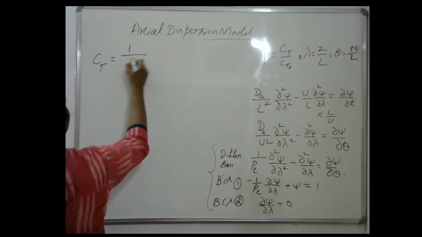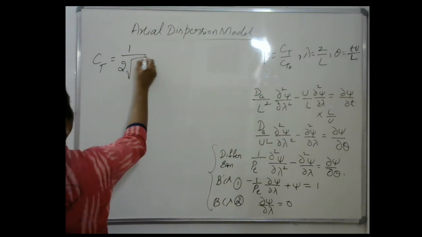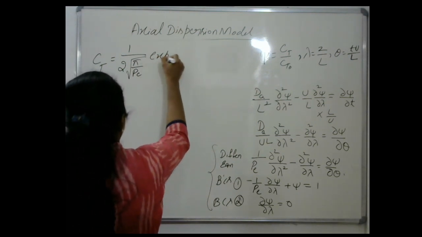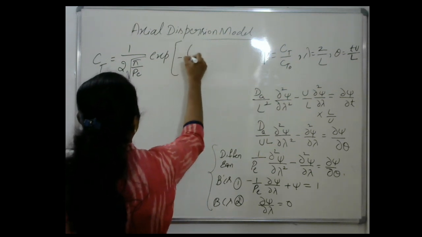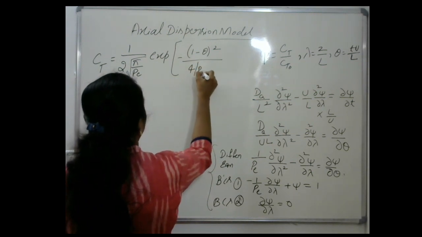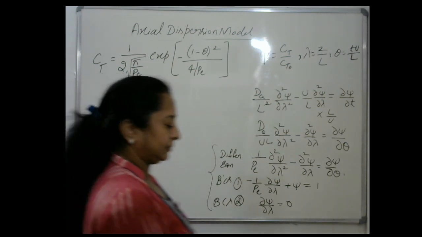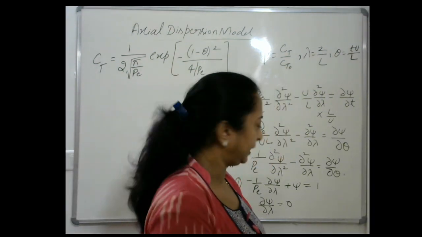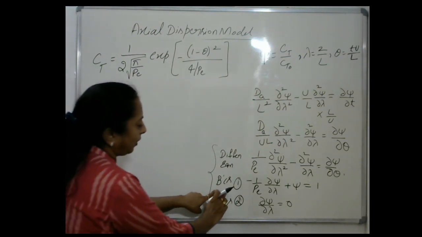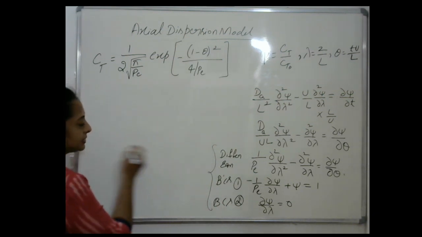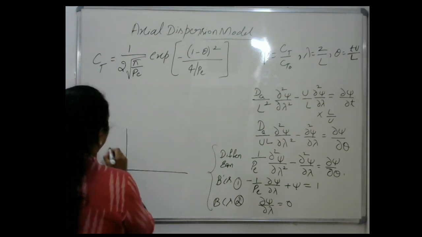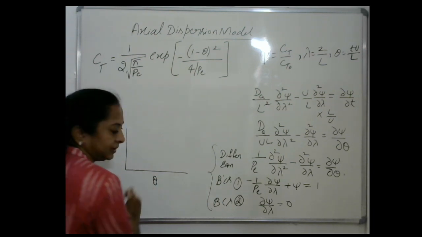C theta will be equal to 1 by 2 root of pi by Pe, exponential of minus (1 minus theta) square by 4 Pe. Now I'll try to plot concentration versus time for this, but here I'll be taking psi versus theta.